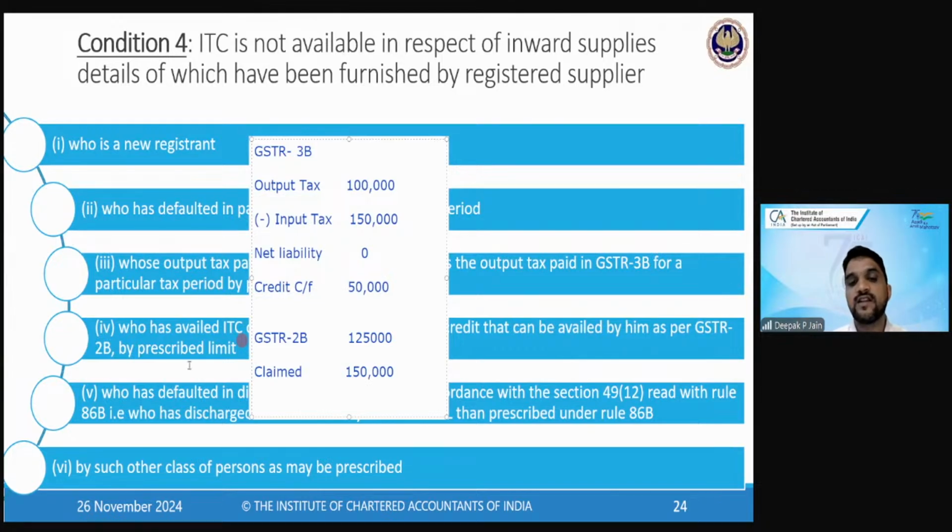So that's why fourth criteria also saying that जैसे these people are there who have claimed more credit, they are also part of the defaulters. Tanya, you understood this point?